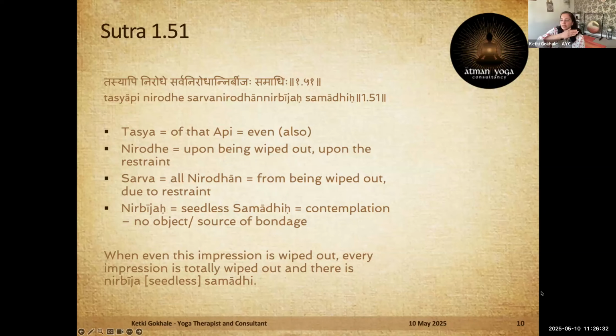We have seen the various stages of samadhi, which are under the category of sabija samadhi. Then a yogi reaches a state of Ritambhara Prajna. After Ritambhara Prajna, he also has to give up that vritti and samskara.